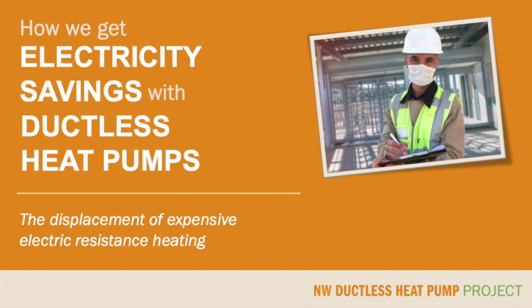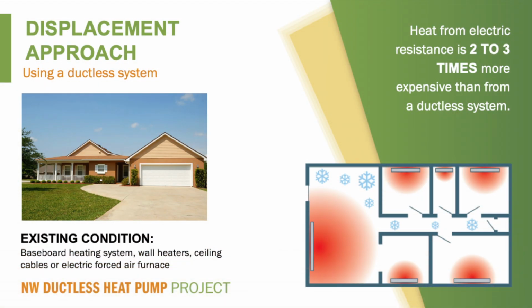Let's quickly review the displacement heating method, which is how we save electricity in the Northwest's ductless rebate programs. The Northwest Ductless Heat Pump Project supports the application of ductless heat pumps to save energy and make people more comfortable in their homes.